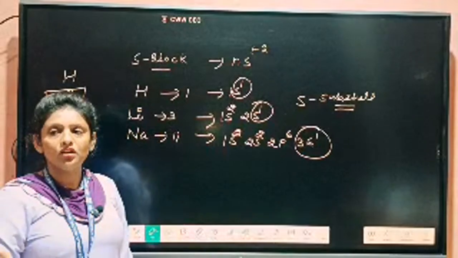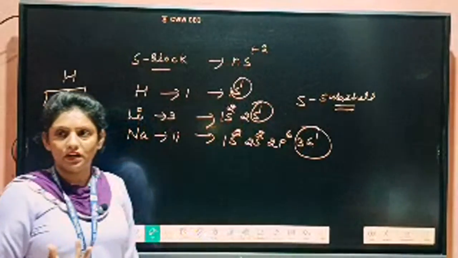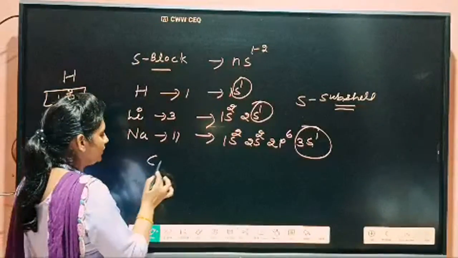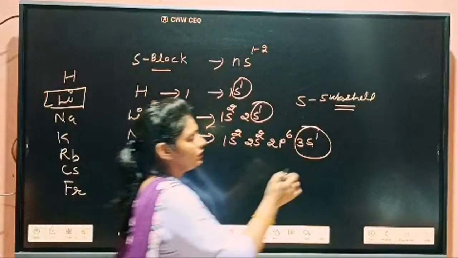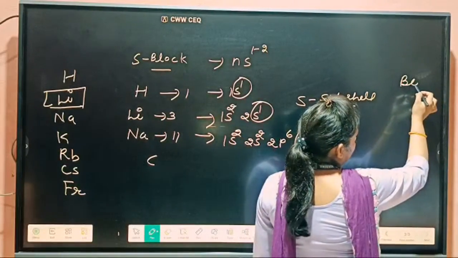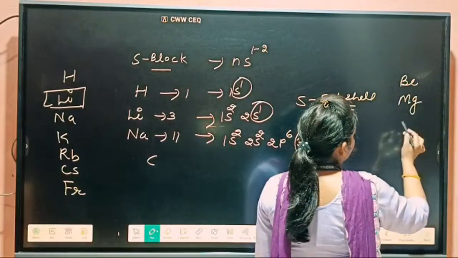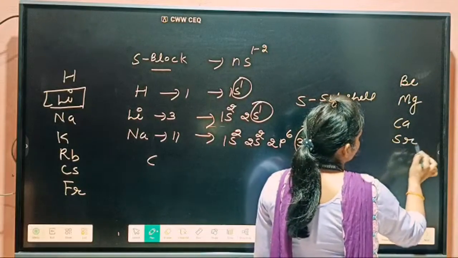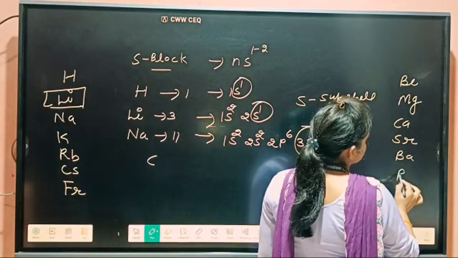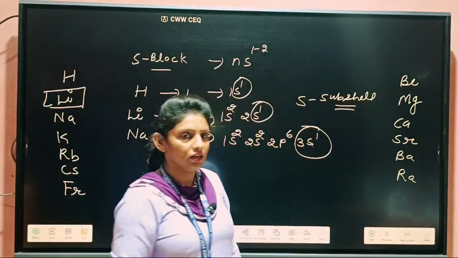Okay, students, you can see an example of any group number 2 element. We can take calcium. Group number 2 elements are beryllium, magnesium, calcium, strontium, barium, radium. To remember: Beta, mange, car, scooter, bap, raji. In this way you can learn.